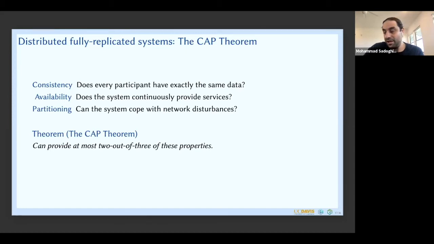Consistency is essentially that everybody has the exact same copy of the data. Availability is that the system can continue to operate, it's always live, there's liveness. So consistency is the safety, liveness is the availability, and partitioning is that even if there is network disturbance, for example, half of the network gets partitioned, the system can continue to make progress.